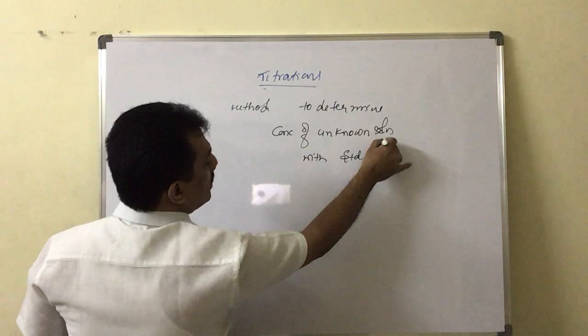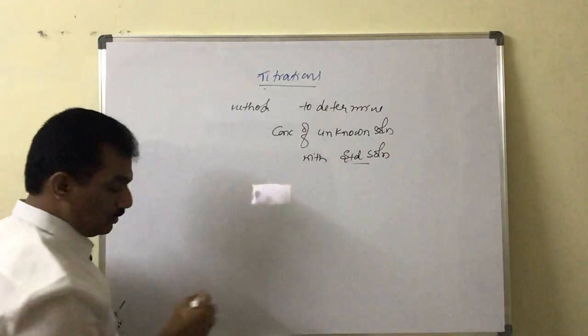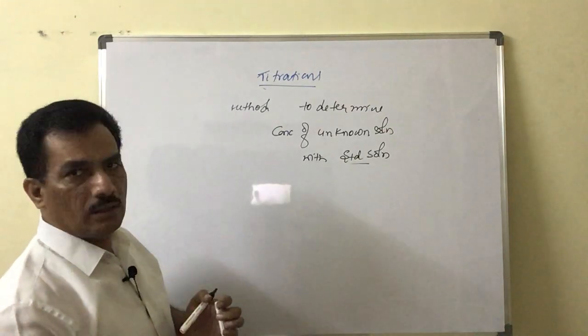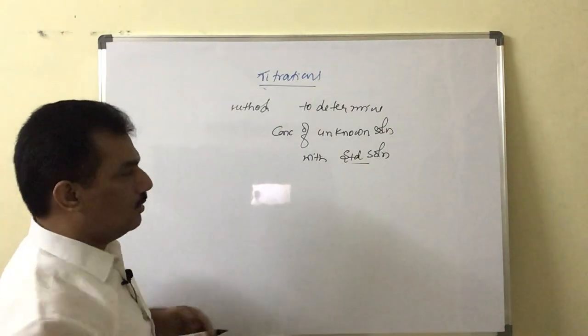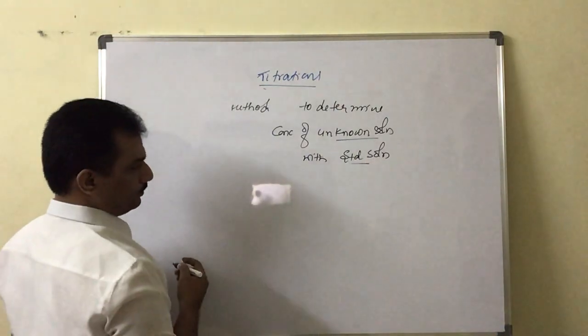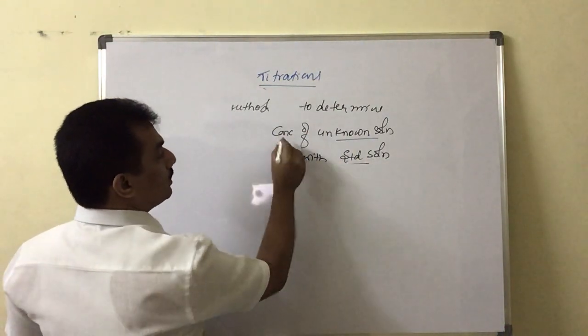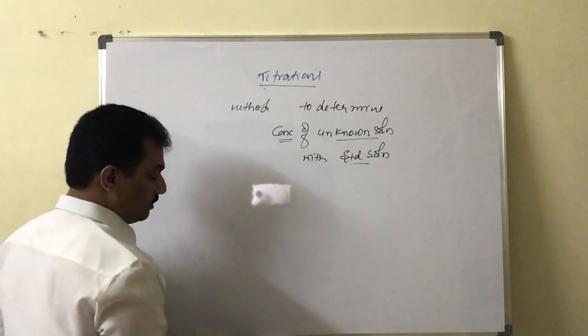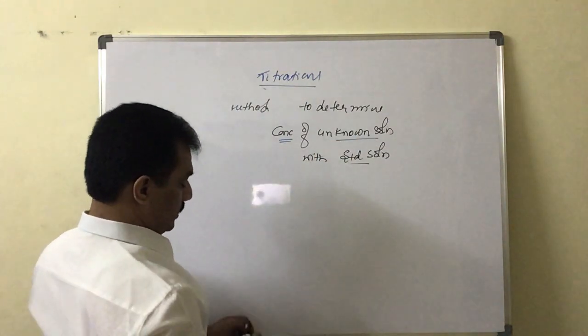Remember, these are the two terms we should thoroughly understand: unknown solution and standard solution. To determine the concentration of an unknown solution with a standard solution, first we should know what a standard solution is.